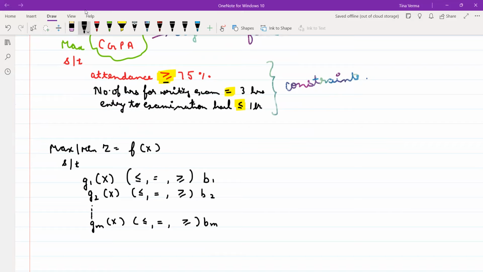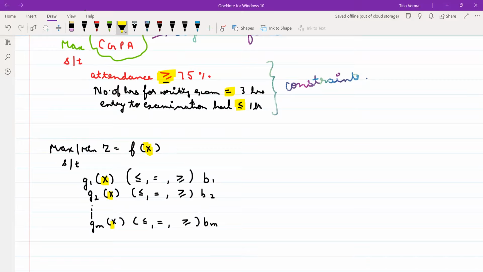If I am saying that this student wants to maximize or minimize his CGPA, would it make sense to take someone else's attendance as the 75%? No. The conditions must be satisfied with respect to the same variable you have in your objective. The person like Arnav wants to maximize his CGPA, right?